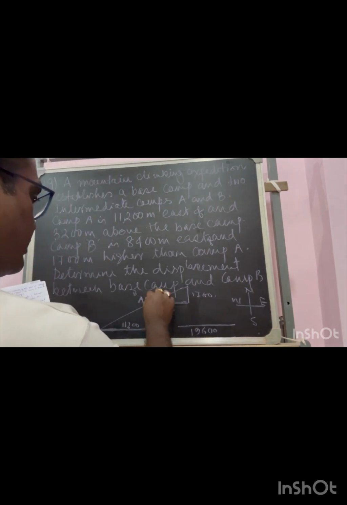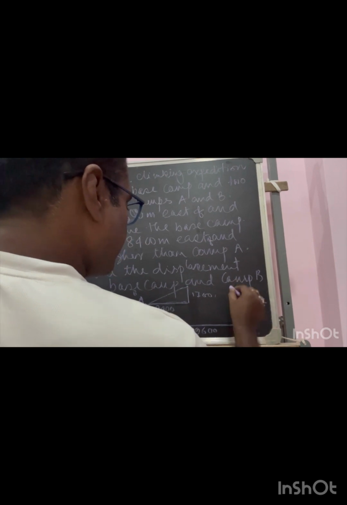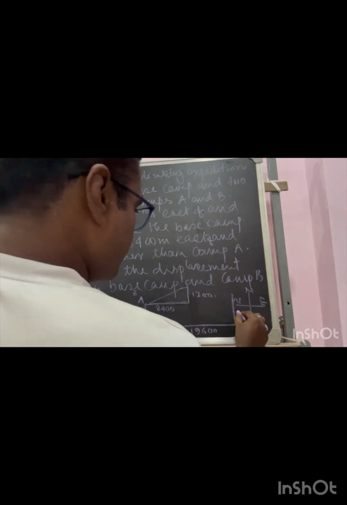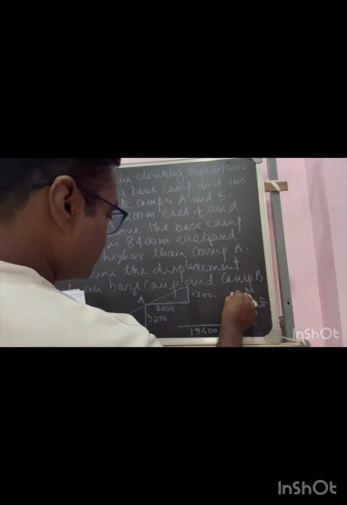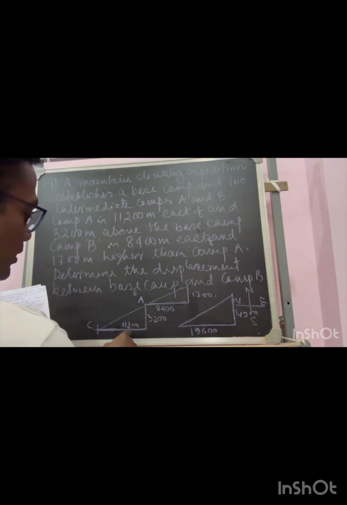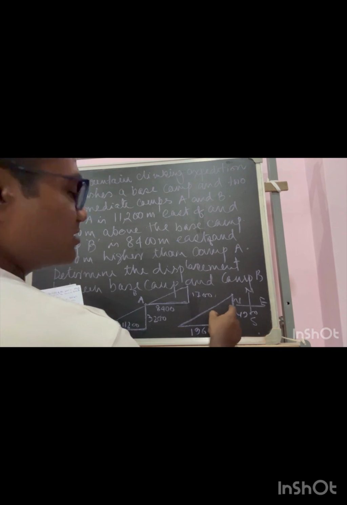And if we add the vertical heights, that will also give one single vector, 4,900. Now this will be easier to calculate. This will be the same result as if I calculate individually and find the ultimate resultant.